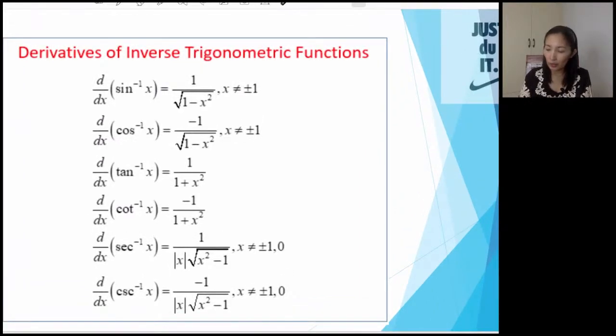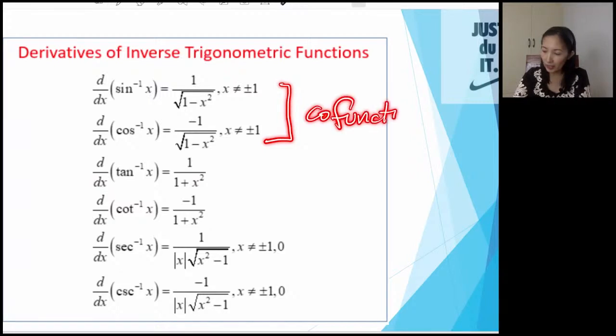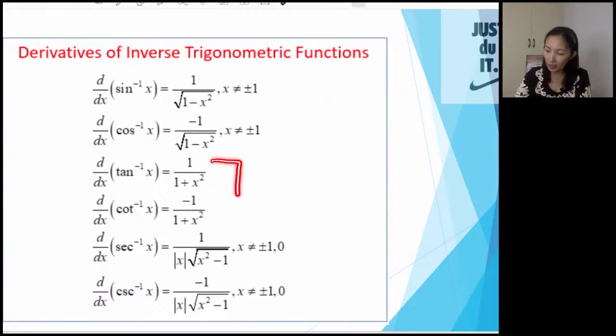For arccotangent, the negative of that. Again, these are co-functions; one is the negative of the other. In like manner, tangent and cotangent are co-functions too. The derivative of arccot is the negative of the derivative of arctangent.